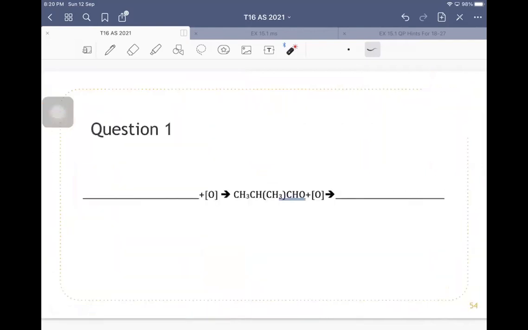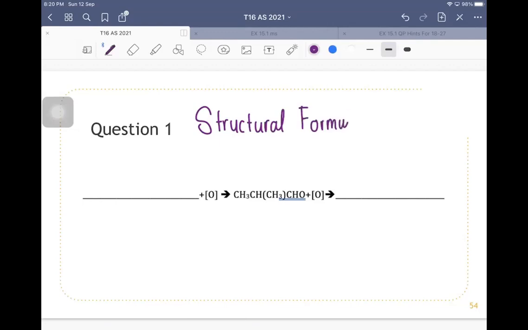Now, on the next page, page 9 of your notes, there are 5 questions for you to practice on the structural formula as well as the oxidation reaction of your alcohol. I want you to leave your answer in structural formula.